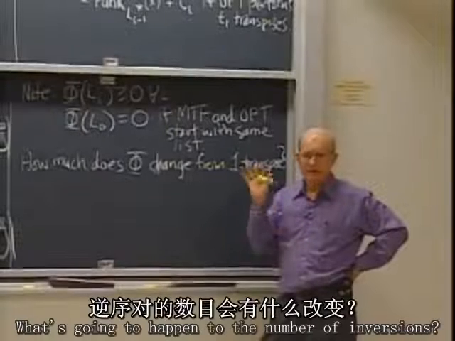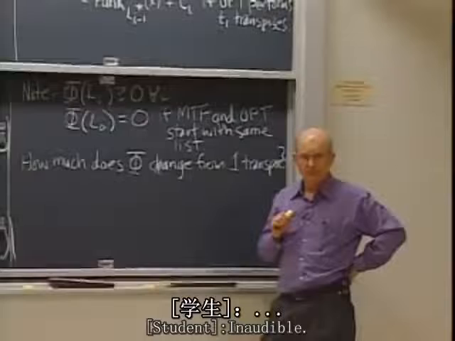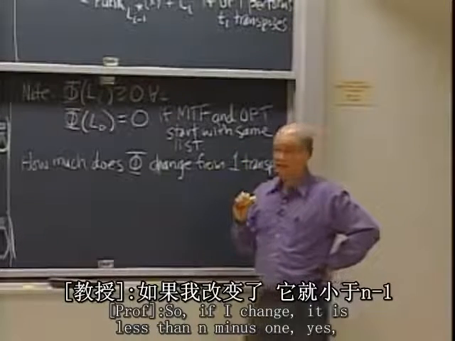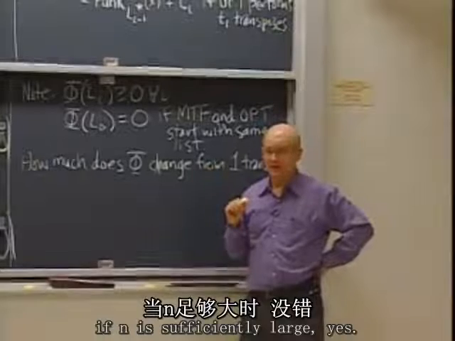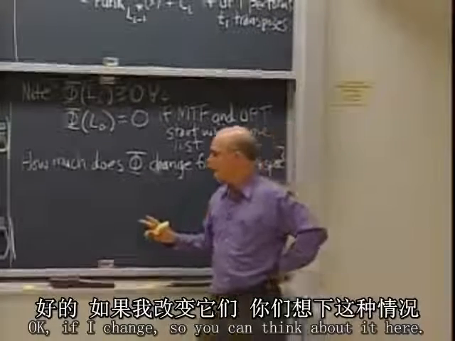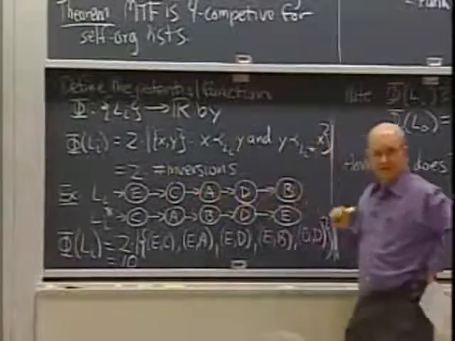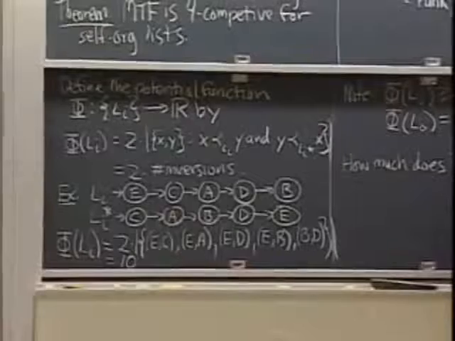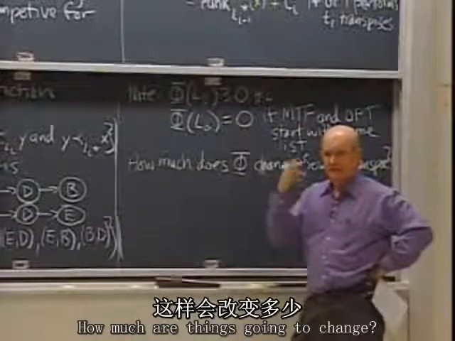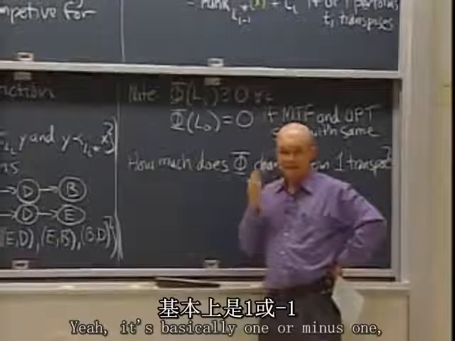Less than n minus 1? If I change, it is less than n minus 1, yes. If n is sufficiently large, yes. But you can think about it here. Suppose I switch two of these elements here. How much are things going to change? It's basically 1 or minus 1.